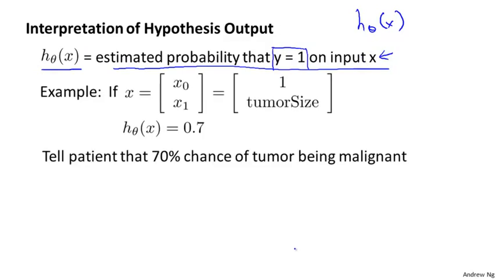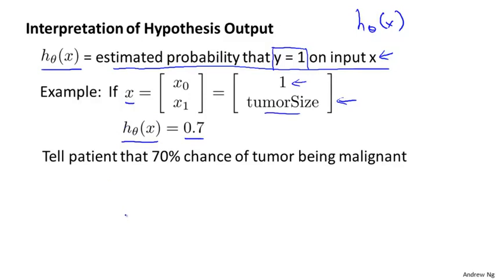Let's say we're using the tumor classification example. So we may have a feature vector x, which is x0 equals 1 as always, and then our one feature is the size of the tumor. Suppose I have a patient come in with some tumor size, and I feed their feature vector x into my hypothesis, and suppose my hypothesis outputs the number 0.7.